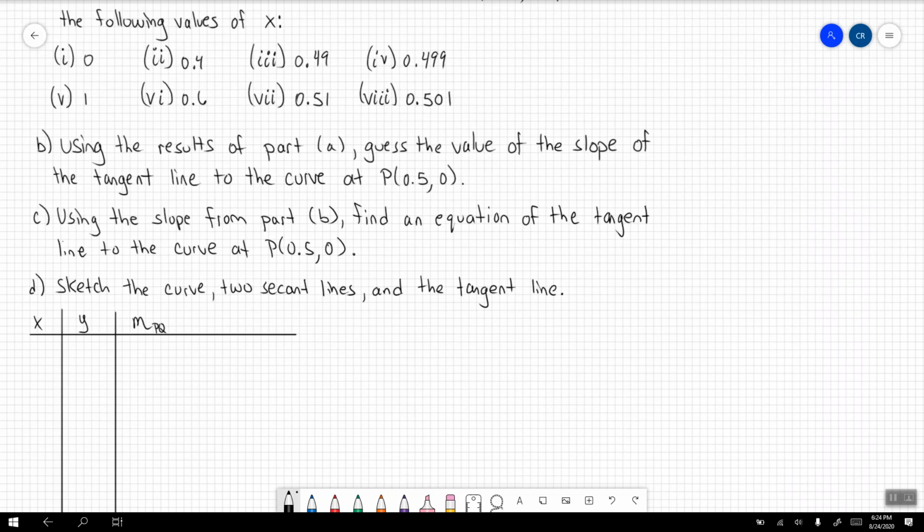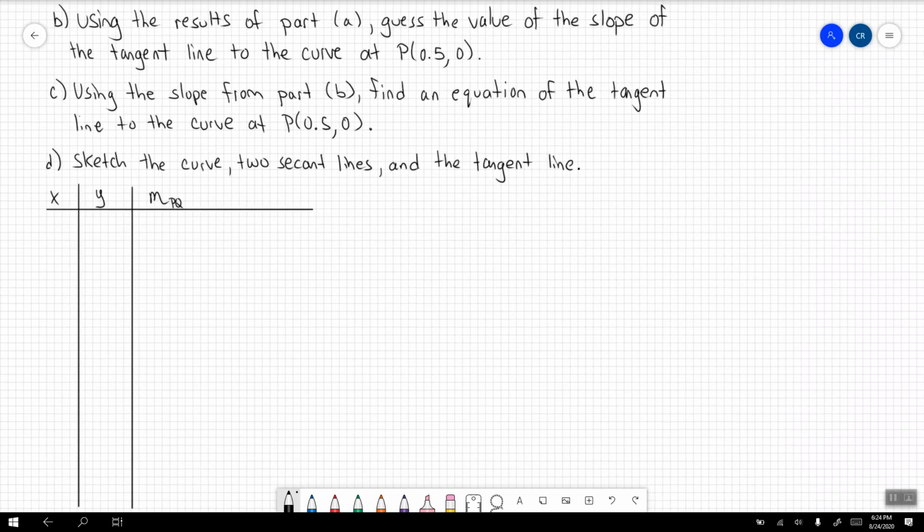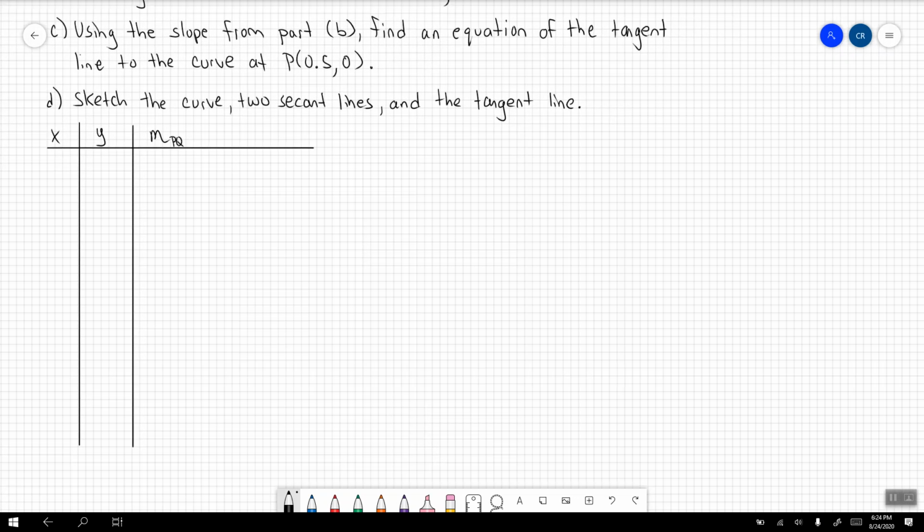So I'm going to grab all of these x values that were given to me in part A. So let's go ahead and start that. I need 0, that's going to be the first one. Then I'll have 0.49. Then we'll have 0.499.